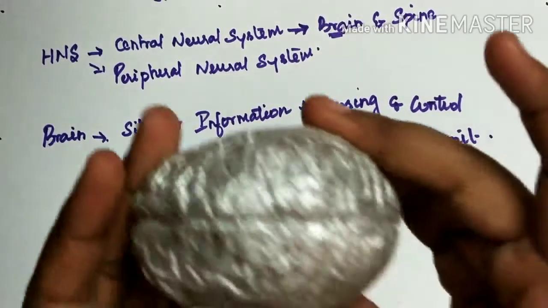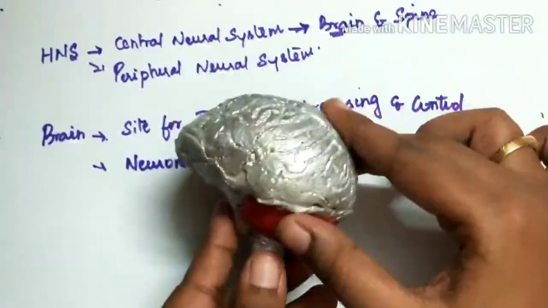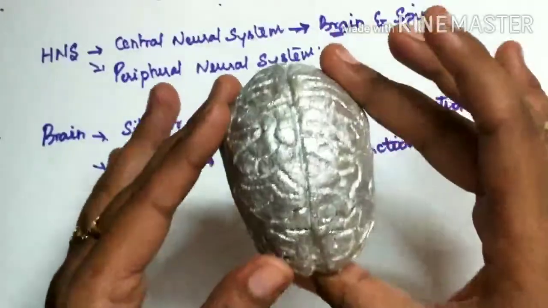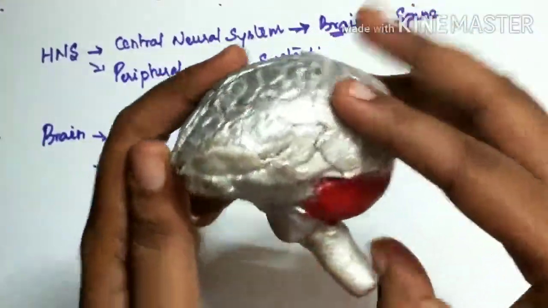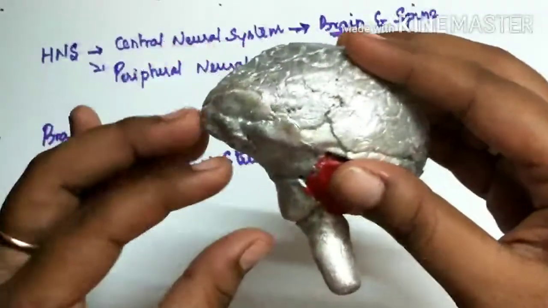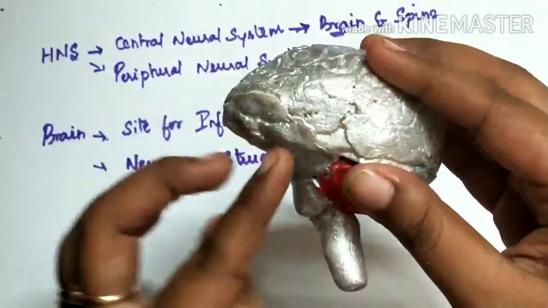For example, you can see a brain model here. This is the top view of the brain. From the top, your brain is seen like this. Then coming to the side view, your ears are placed here, and your eyes are placed in the front part, below the frontal lobe.